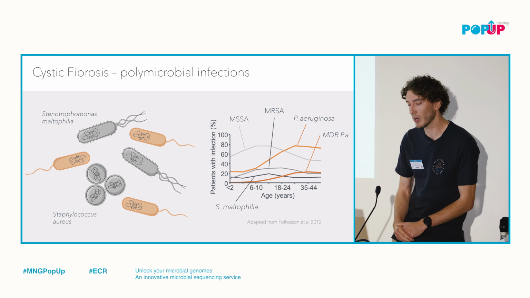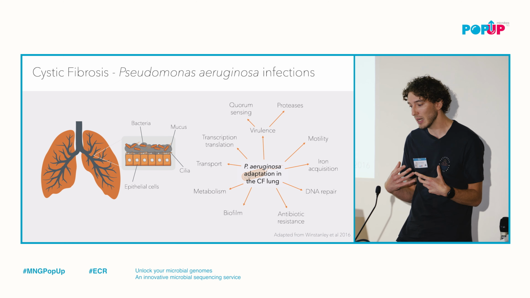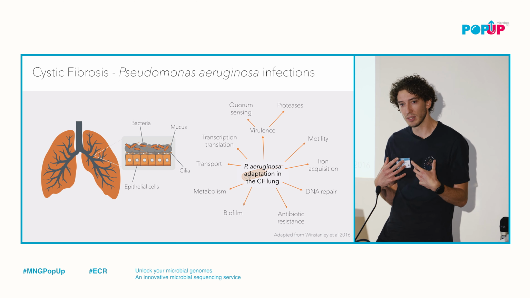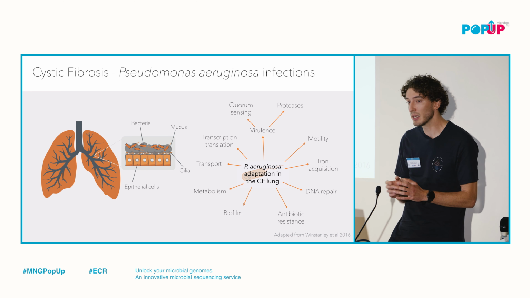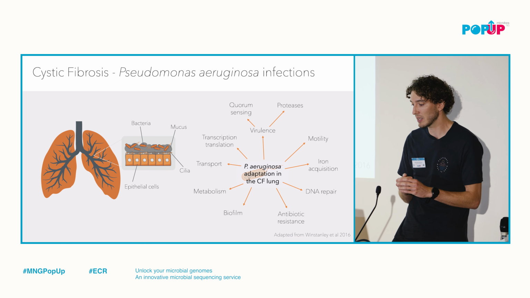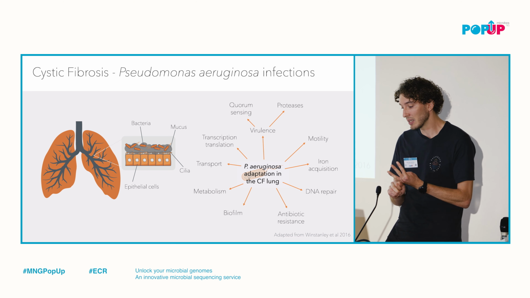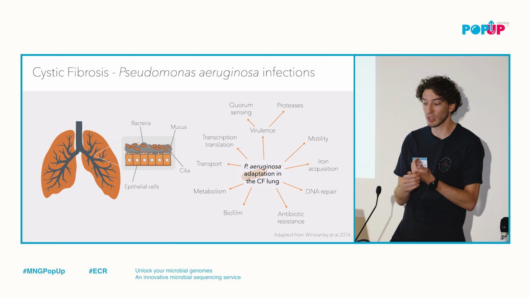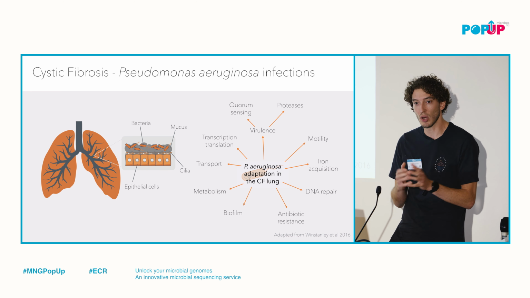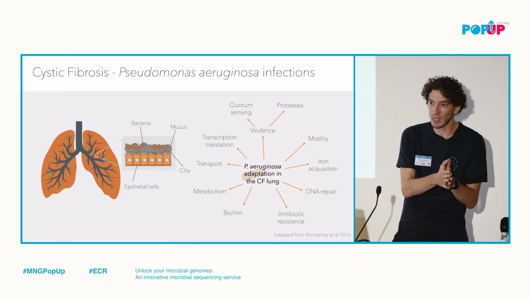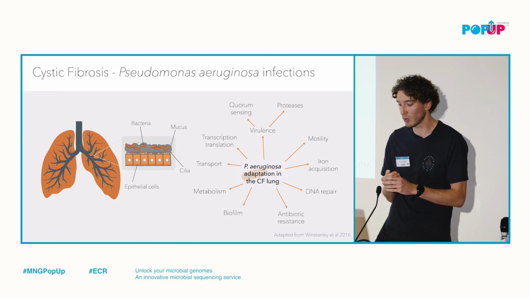So this is an evolutionary process within the host. And these bacteria evolve to the conditions of the CF lung. And they change many parts of their phenotype, from virulence to mobility, DNA repair, antibiotic resistance, biofilm production. A lot of traits change during this transition from acute intermittent infections to long-term chronic infections.